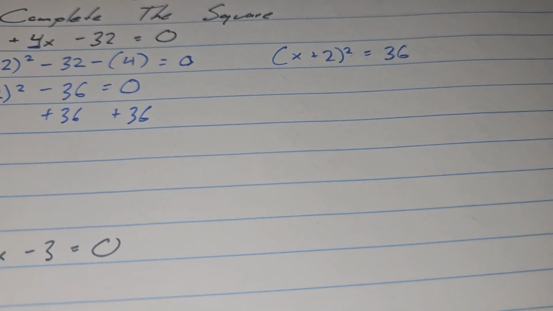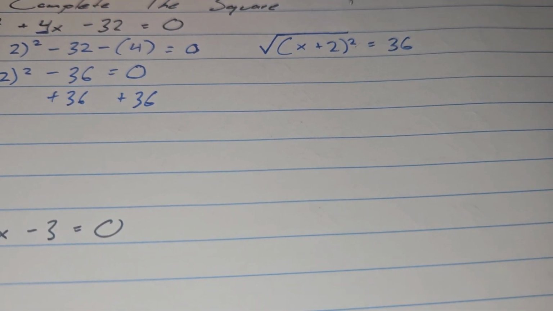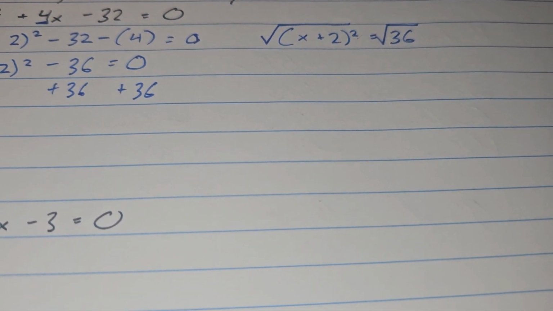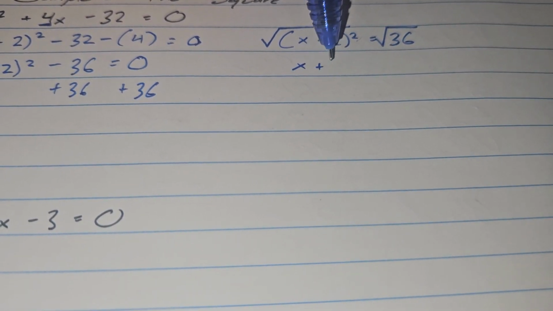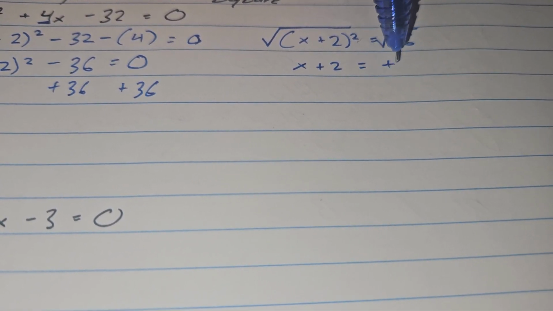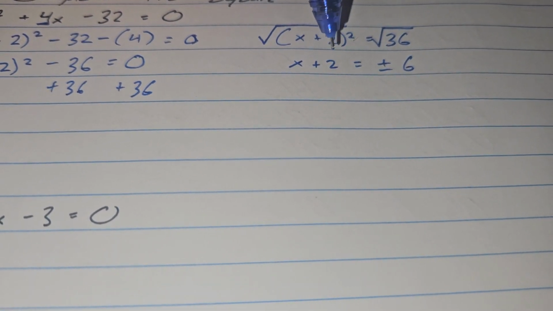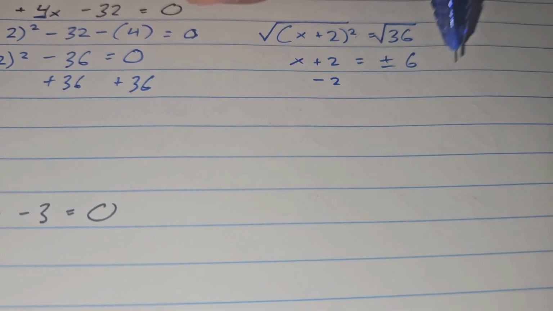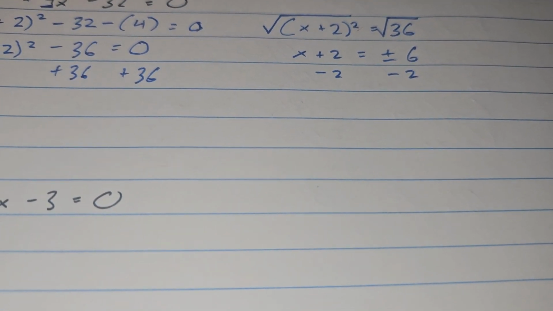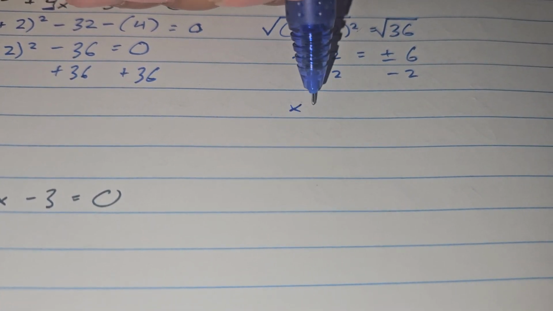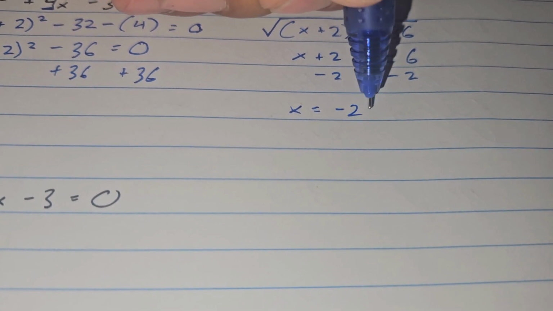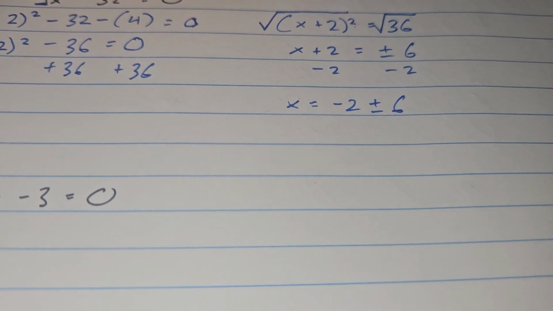And now we can go ahead and take the square root of both sides. So now we're left with x plus 2 is equal to plus or minus 6. So now we can take away 2 from both sides. Now we're left with x is equal to negative 2 plus or minus 6.